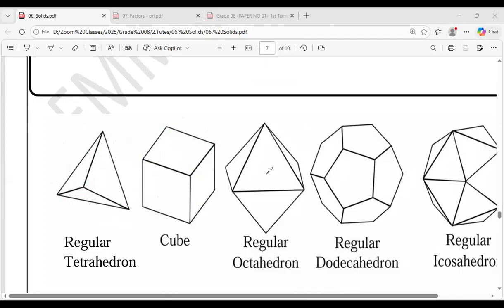When someone asks you, what do you need to answer? Equilateral triangle. Super, that is the perfect answer. When someone asks what is the shape of a regular octahedron, you need to write equilateral triangular shape.